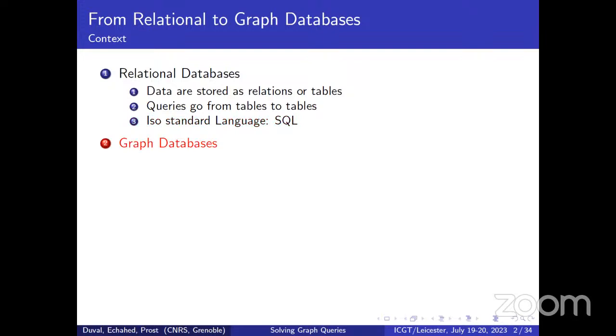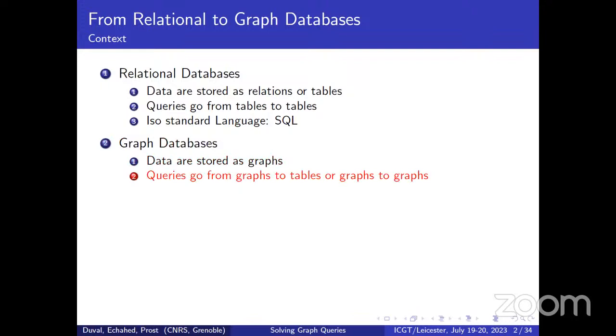As for graph databases, data are stored as graphs, and queries go sometimes from graphs to tables, for those who like to be faithful to SQL. And there's a new kind of queries which go from graphs to graphs, kind of graph transformations.